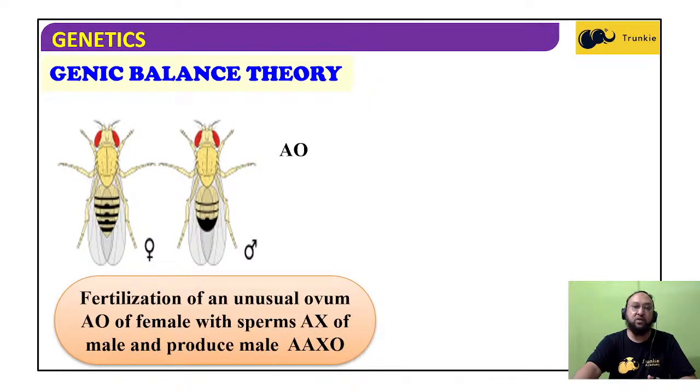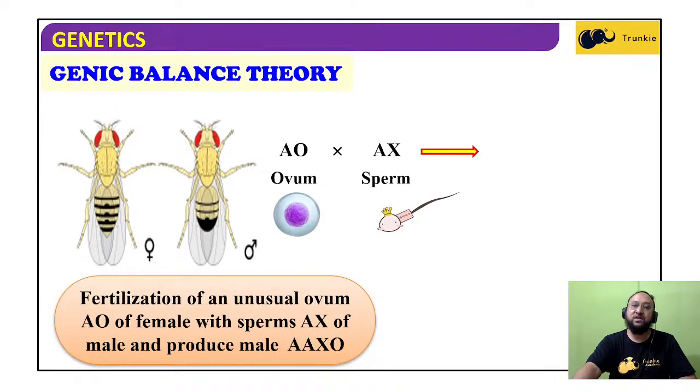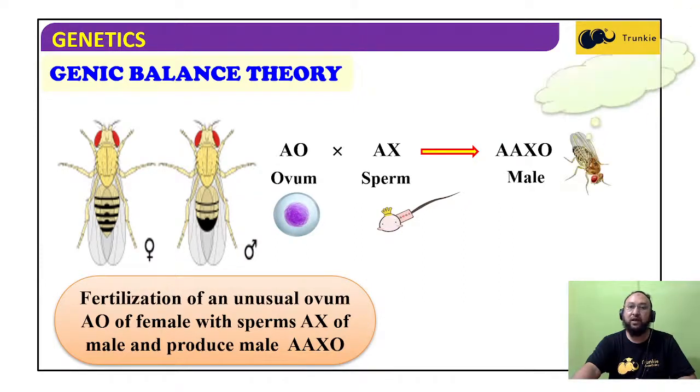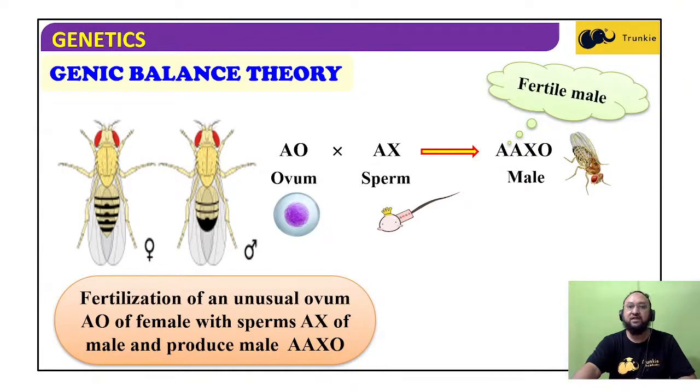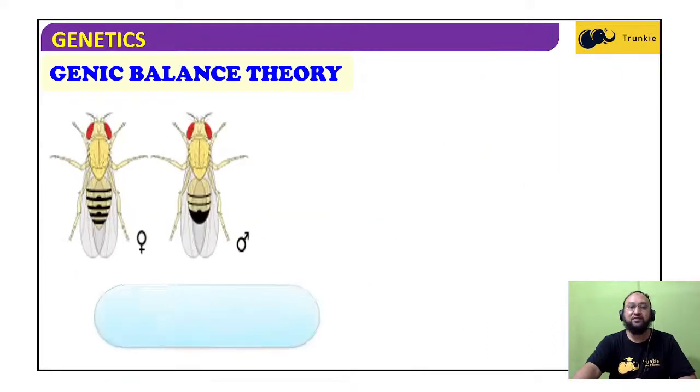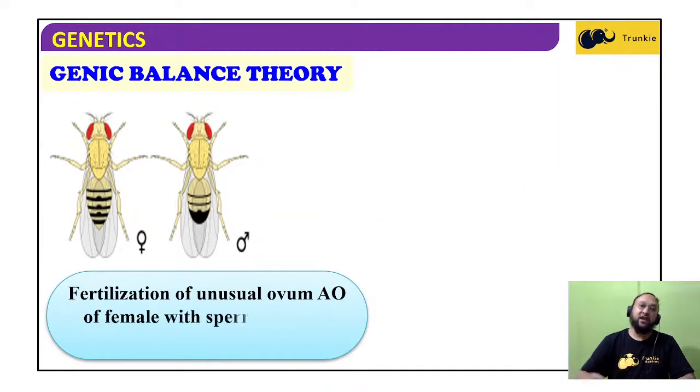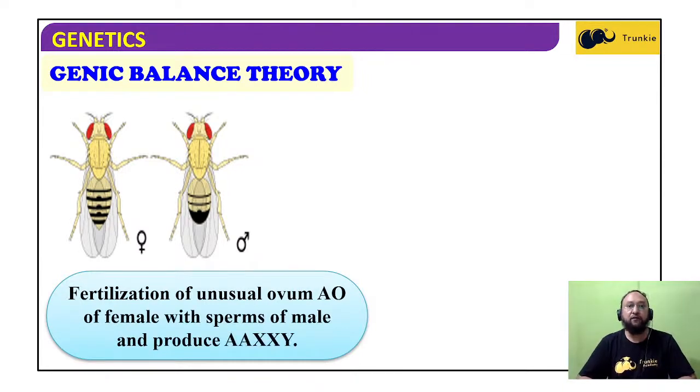Fertilization of an unusual ovum A0 of a female with sperm AX of a male will produce AAX0, which will be a male Drosophila. Next, fertilization of the unusual ovum AXX of a female with AY sperm will produce AAXXY.